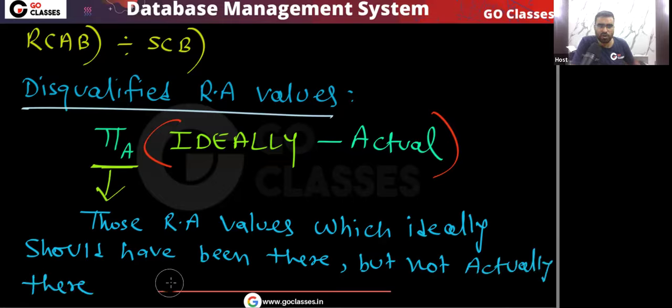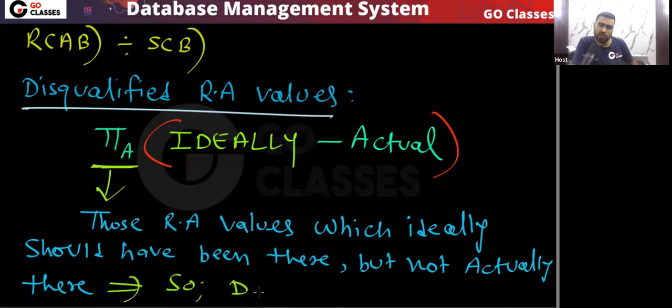So they are disqualified or not? Okay. So these are the disqualified R.A values.